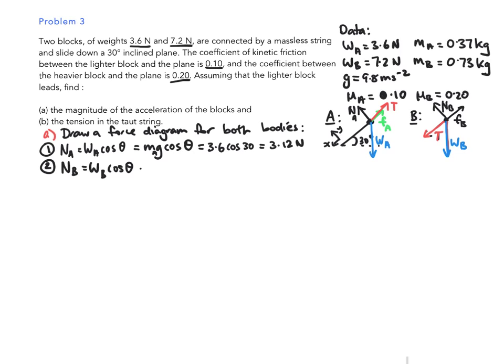We can just put the weight value in, it's easier than using the mass. WB was 7.2 cos 30, which is 6.23 newtons. So we've got some more data that we've calculated just from looking at these force diagrams and balancing the y components.